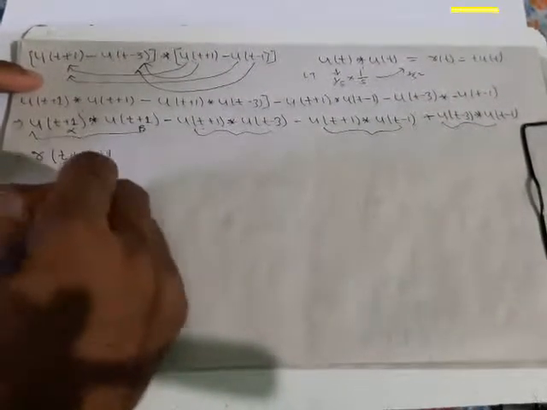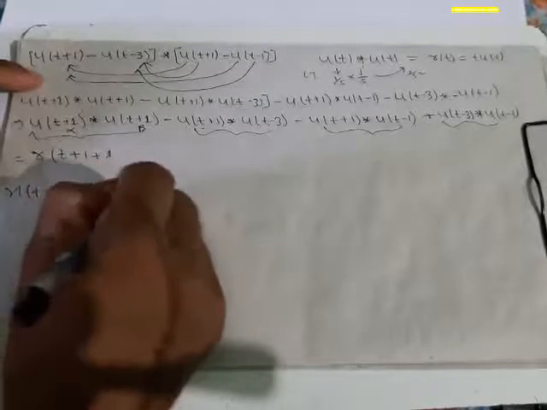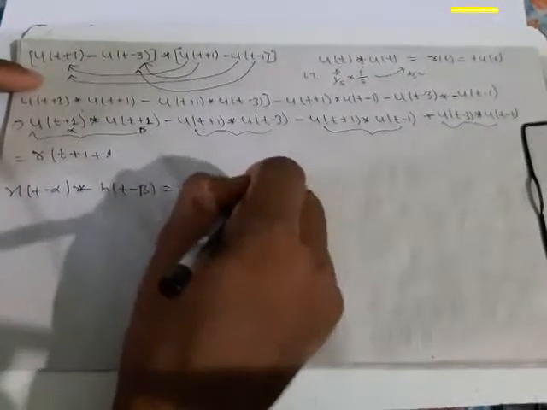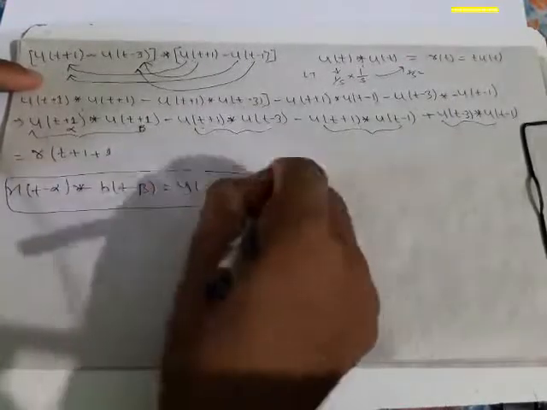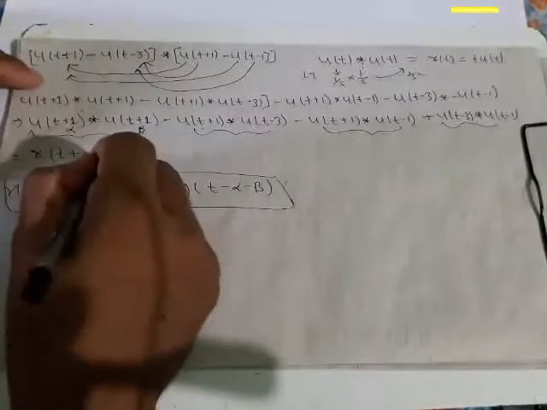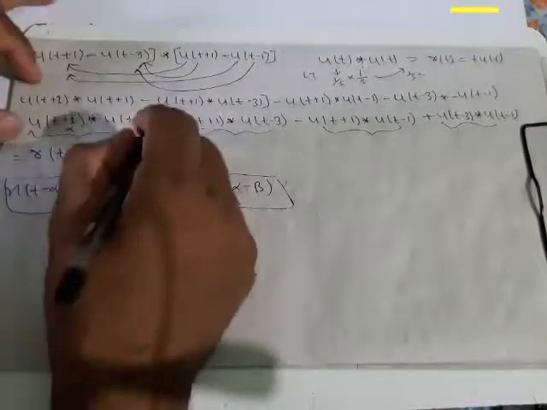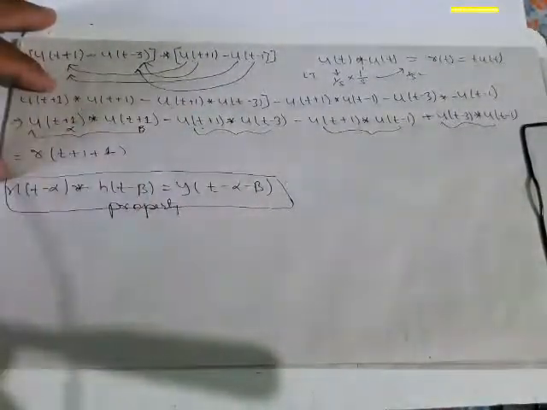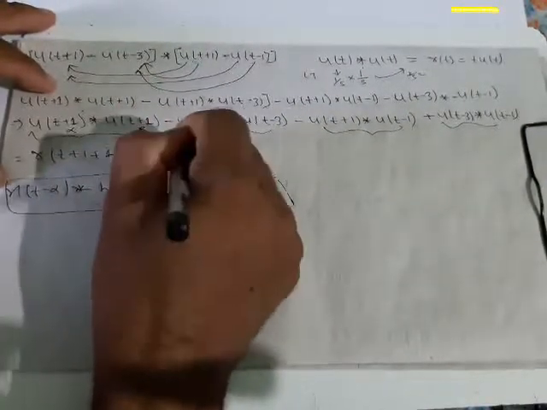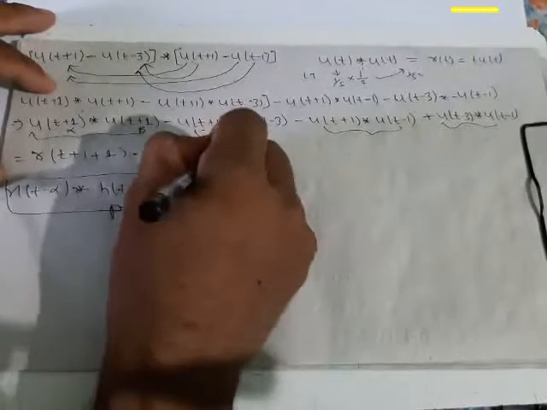So the resultant will be like this. Again the negative slope goes up to 2, and the negatives cancel out, so it will be like this.